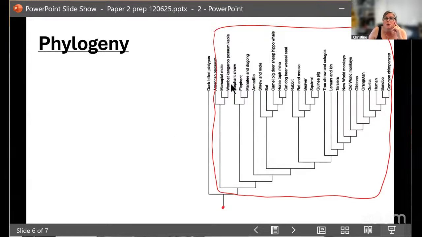So if we go back to our phylogenetic tree, and if I look at where the, see if I can identify, hold on, actually, see if I can bring this one in here. Turn it on its side.